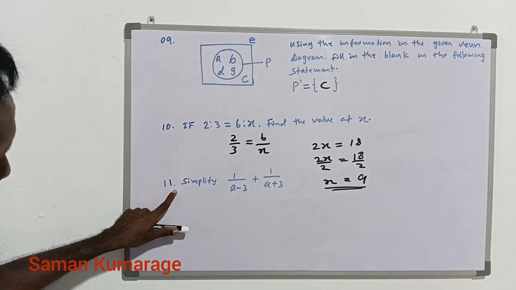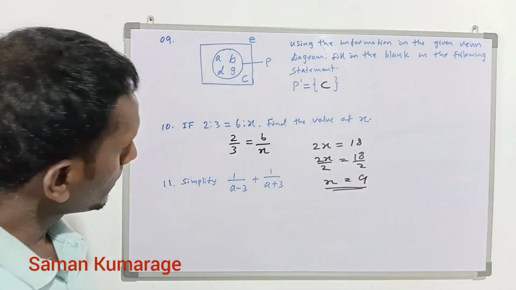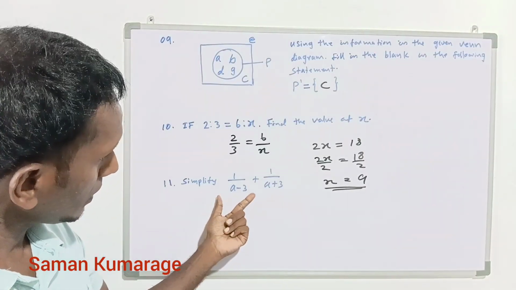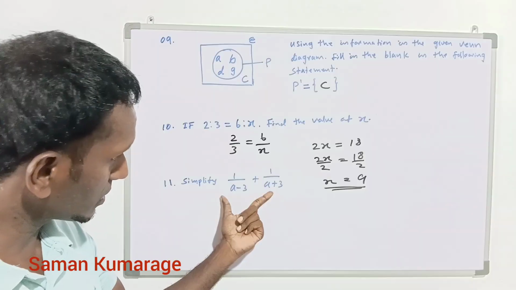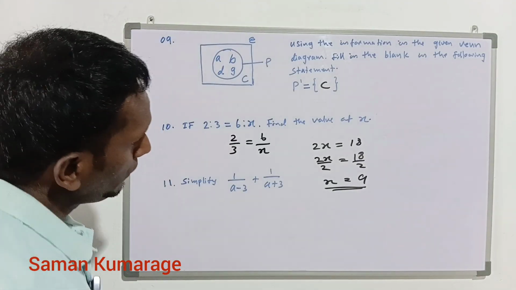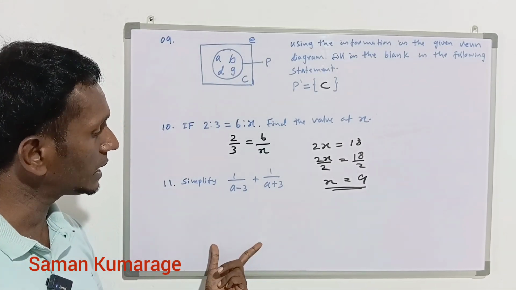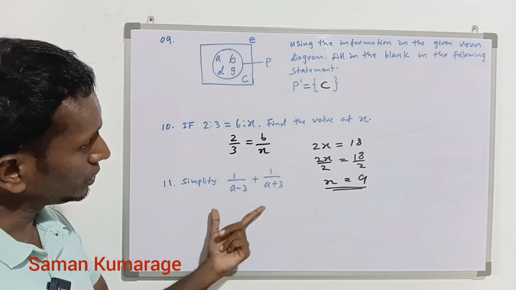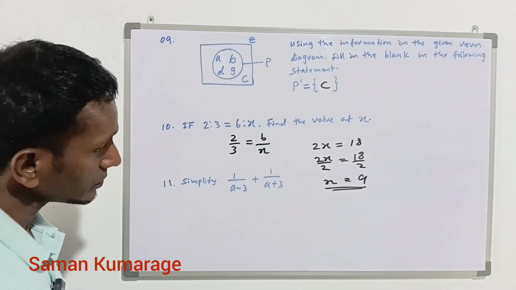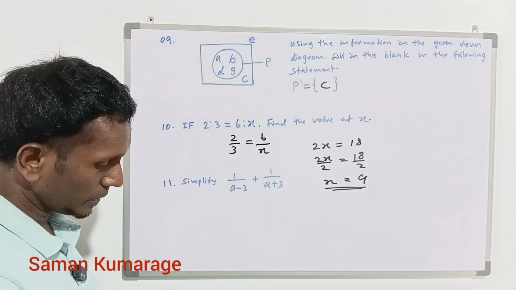And question number 11, we have to simplify these algebraic fractions. There are two algebraic fractions, we need to add them together. When we add algebraic fractions, first we need to make the denominators equal. To do that, we need to find the common denominator or least common multiple.